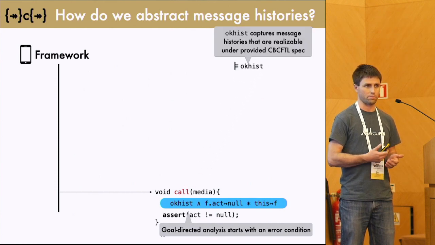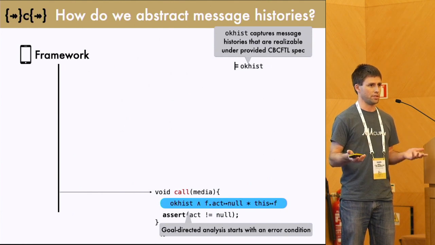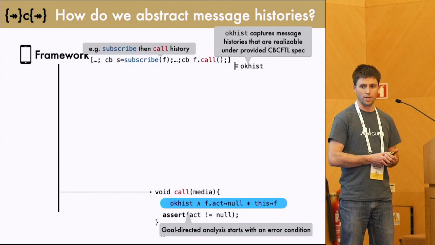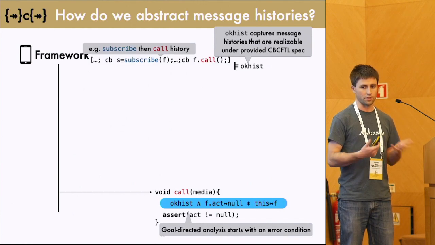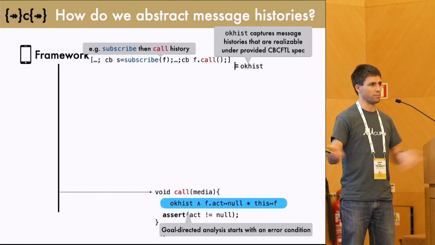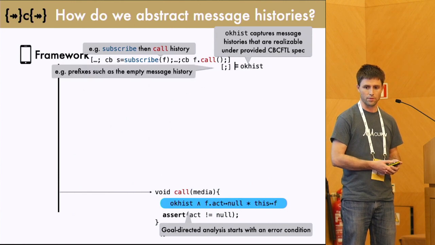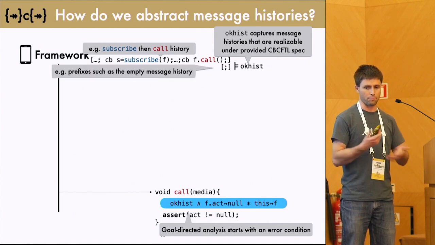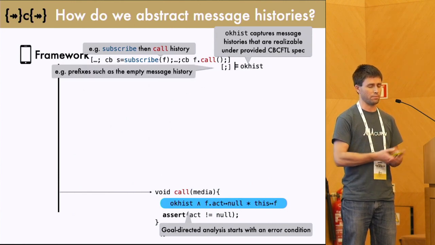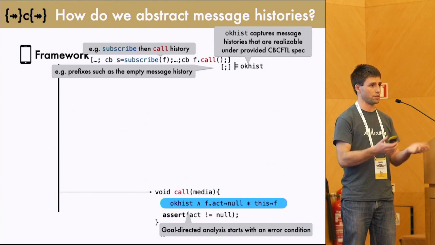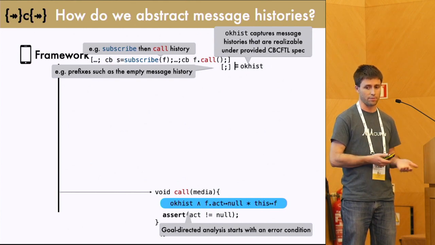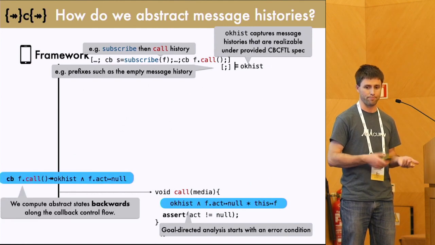And this OK hist thing represents all of the message histories that we have specified as realizable, such as a subscribe and then a call with some other messages intermixed. Also, all the prefixes of a realizable message history are also realizable in this context, like the empty message history. And that's the initial starting point of the program.